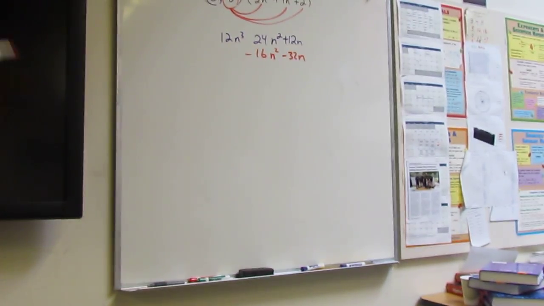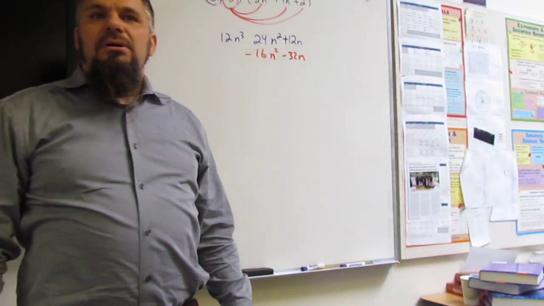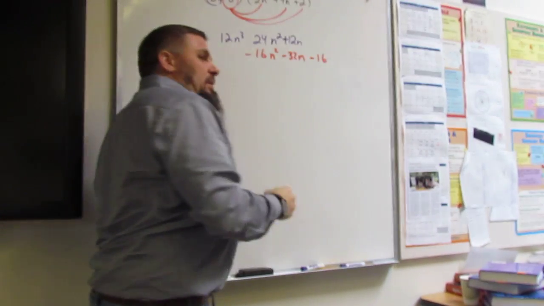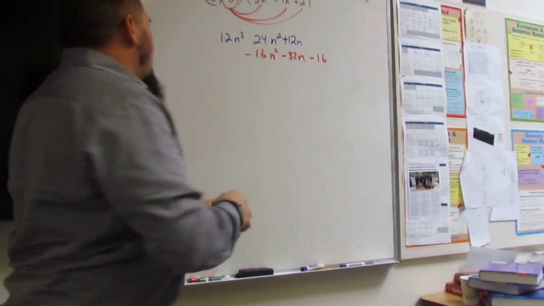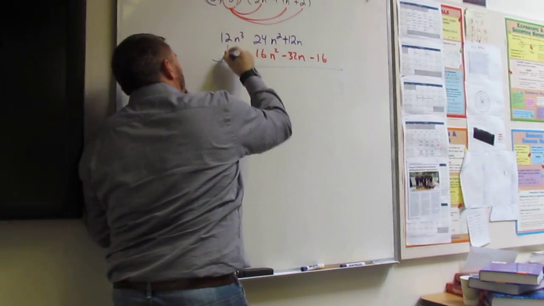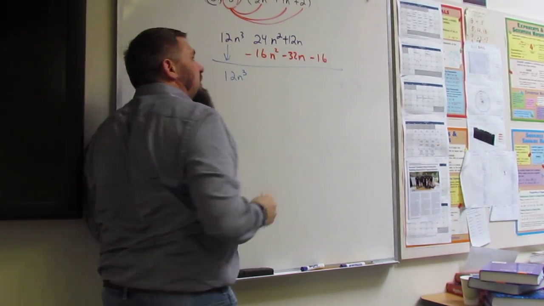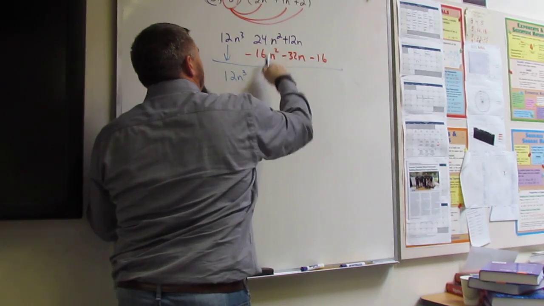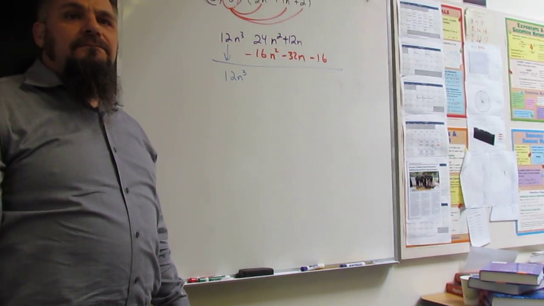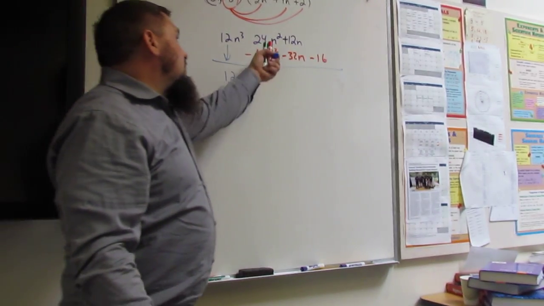Okay, and negative 8 times 2? Negative 16. And the beauty of this is, I can add these up. And these just come down. 12n cubed, right? And then what are these two?